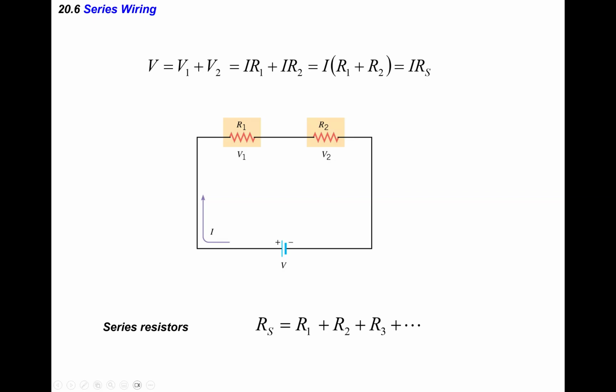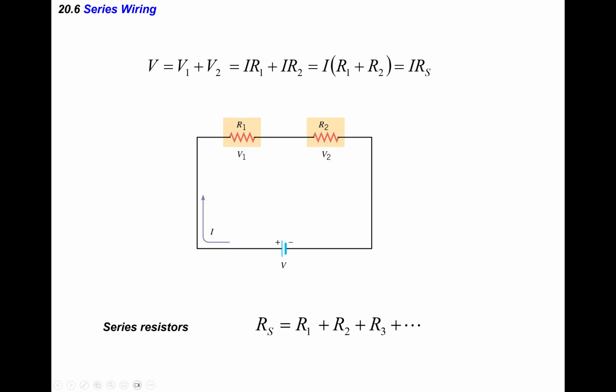Because we are going to do a lab tomorrow, I'm going to quickly go over this and you can verify this tomorrow. If we connect two resistors together, our Rs will be the summation of these two. You can see here the current goes through the resistors, and it's the same for R1 and the same for R2.